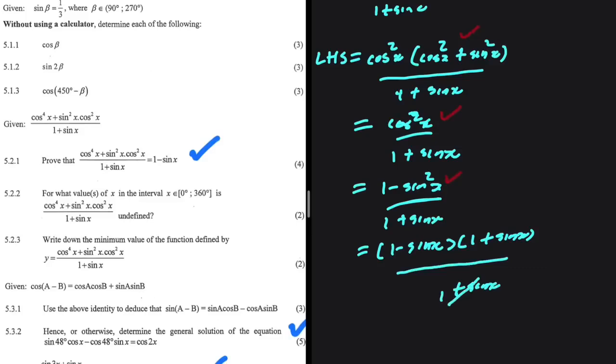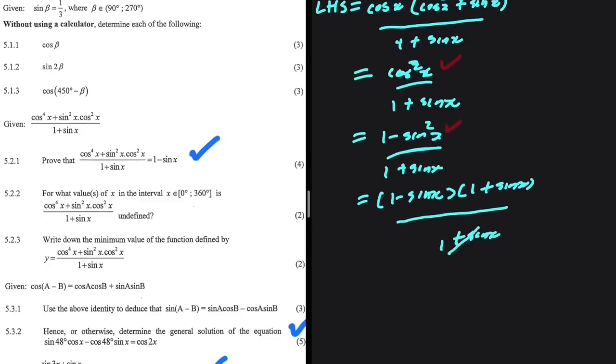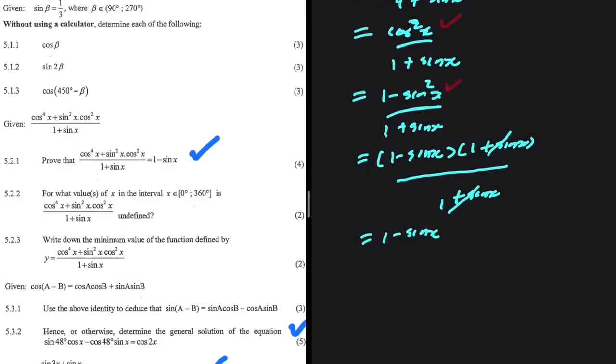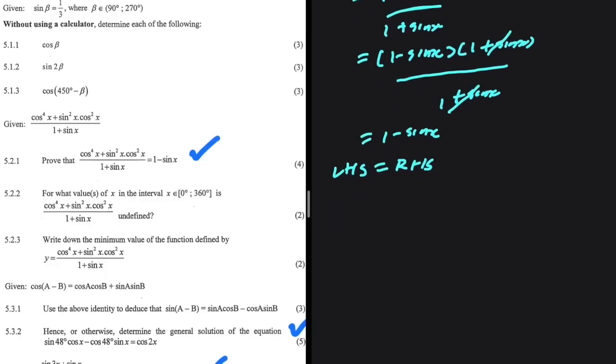So 1 plus sine of x on the denominator will cancel out with 1 plus sine of x on the numerator. We are only left with 1 minus sine of x. So as you can clearly see, the left-hand side is equals to the right-hand side. They are both equals to 1 minus sine of x. That is 5.2.1.